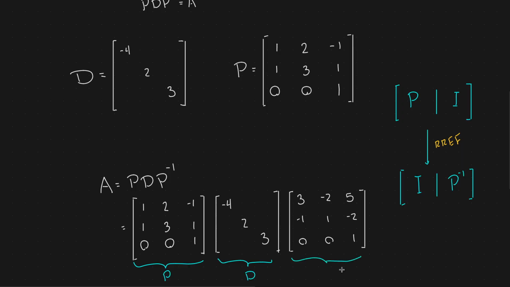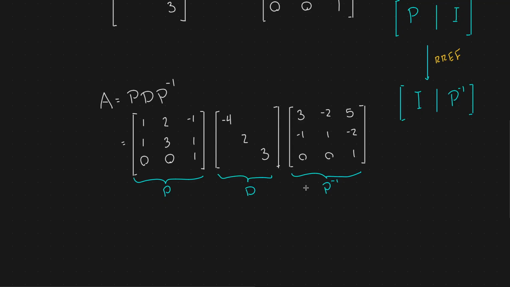Okay, so P, D, P inverse. All right, we've done all the hard work. The only thing left is to multiply the matrices together. We'll get matrix A. I'm not going to bore you with having you watch me multiply these matrices together.